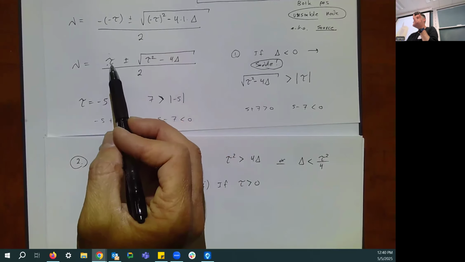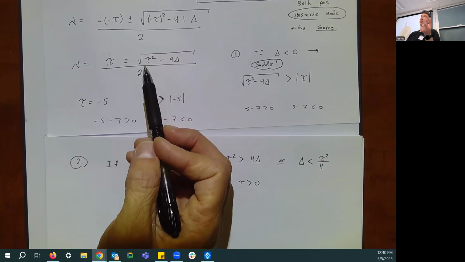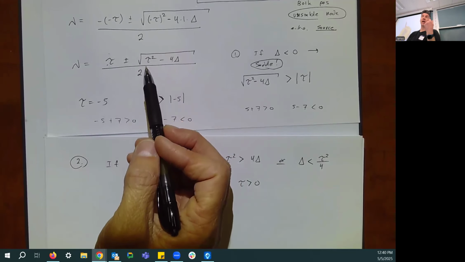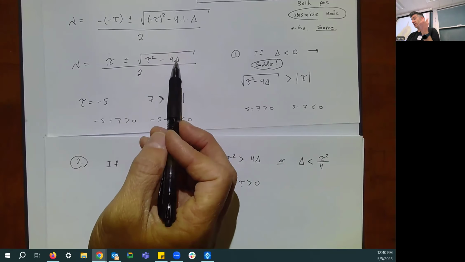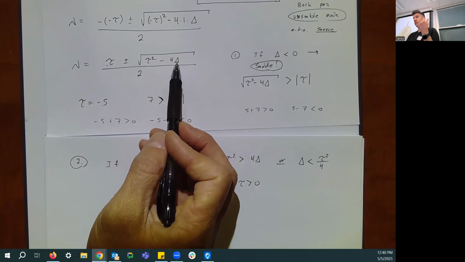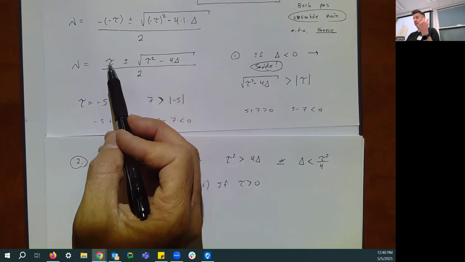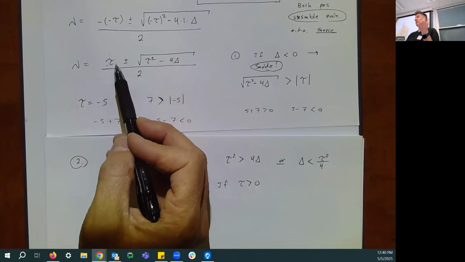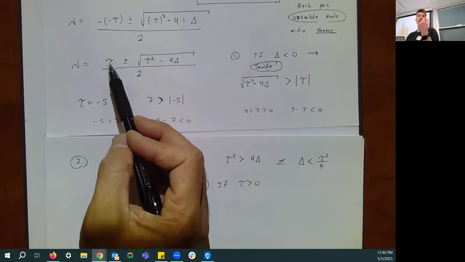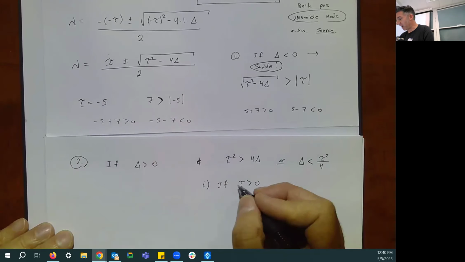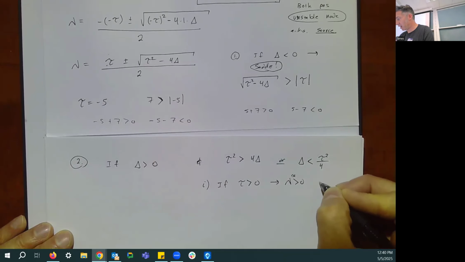It'd be like 5 plus or minus 4, both positive. Or -5 plus or minus 4, both negative. So if your delta is positive, that means this whole thing got smaller, so whatever sign tau has is the sign that's going to carry the day. If this is positive, both positive. This is negative, both negative. So if tau is positive, both eigenvalues are positive and you have an unstable node.